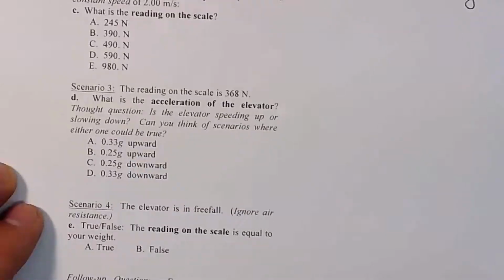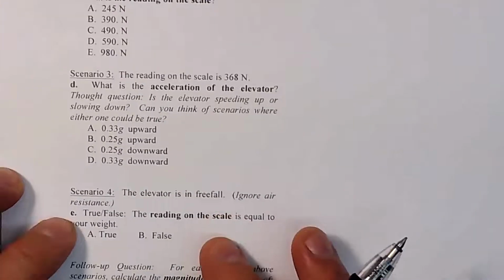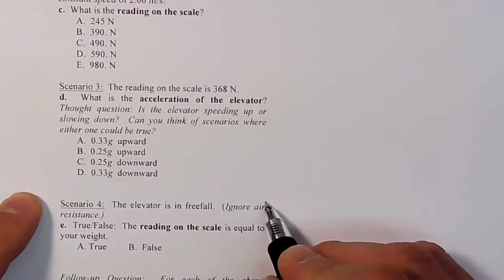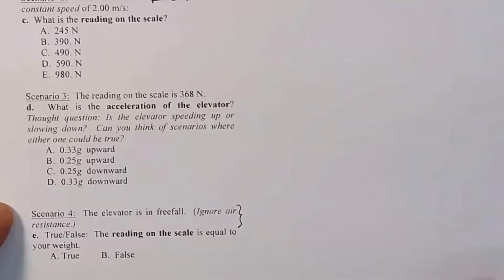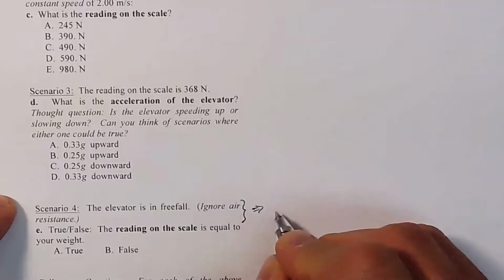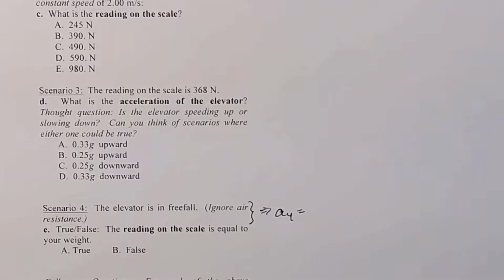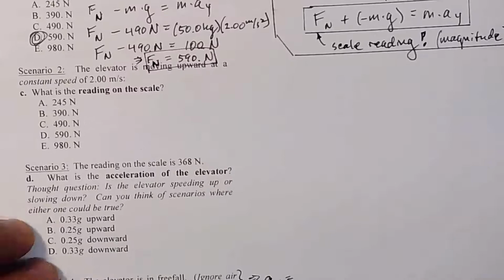Okay. Finally, the one last thing that we'll check in on is, what if the elevator is in free fall? What's the acceleration in that case of you and the elevator? Well, the definition of free fall is when the only force acting on you is your weight, right?